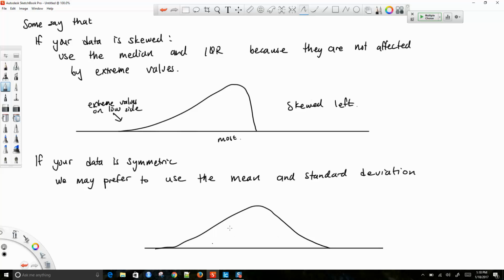My drawings are no good today. But the truth is any of these numeric summaries can be used for any numeric data set. Okay. So these might be preferences or guidelines.